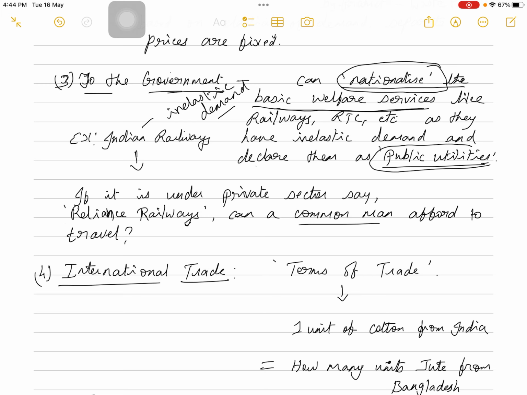So this knowledge of elasticity of demand is helping the government to identify which products or services have inelastic demand and are very essential for the general public, to nationalize. Okay, so in that way the knowledge of elasticity of demand is helping the government.